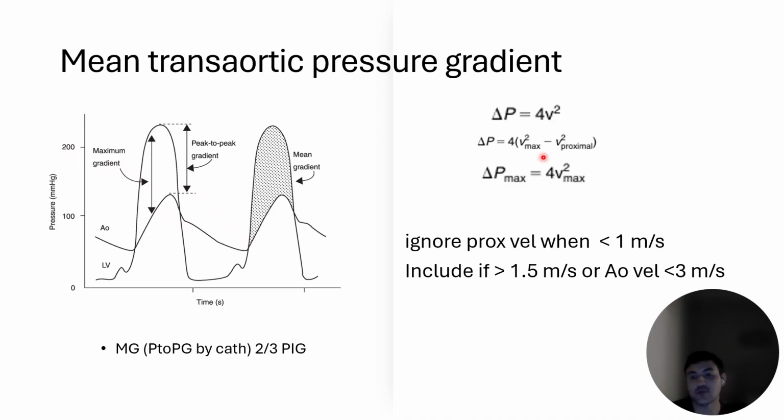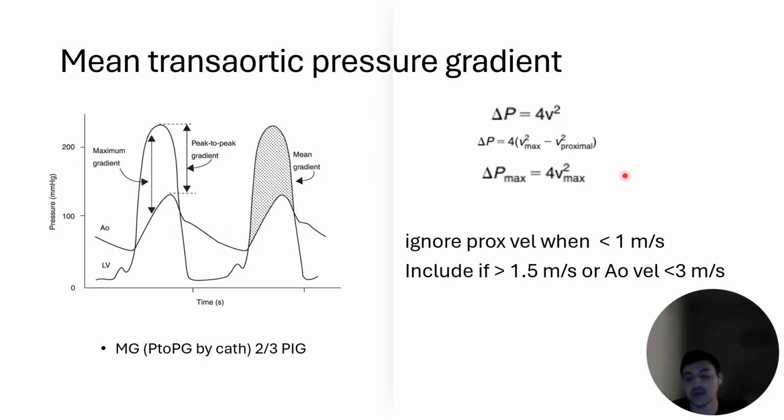Another concept you have to understand is that this is a simplified Bernoulli equation. The extended Bernoulli equation includes the proximal velocity. You usually ignore the proximal velocity because it's less than 1 meter per second.